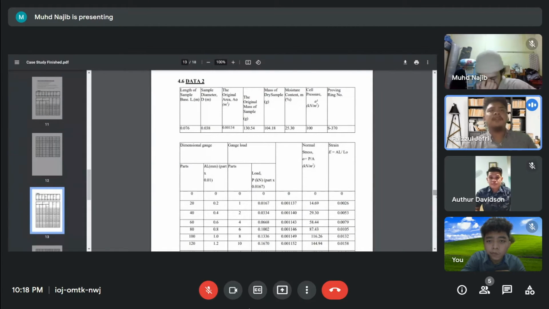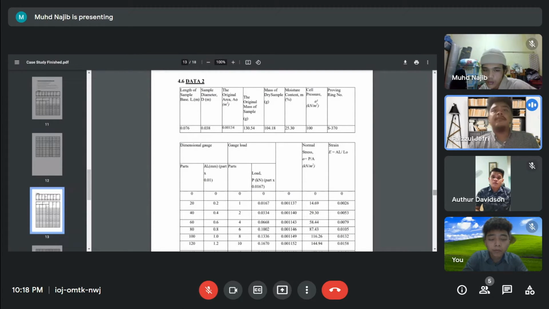So length of sample in data 2 in meter is 0.076. The sample diameter in meter for data 2 is 0.038. The original area in meter square is 0.0134, same with data 1. The original mass of sample in gram is 130.54 gram.